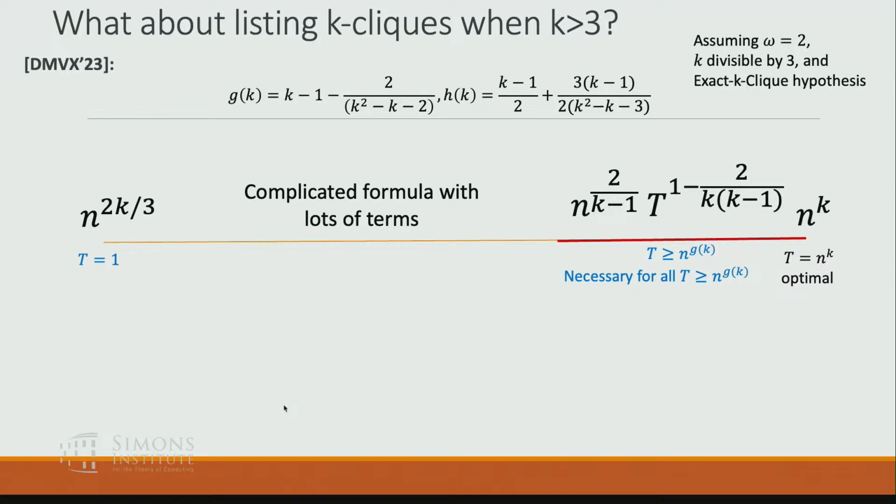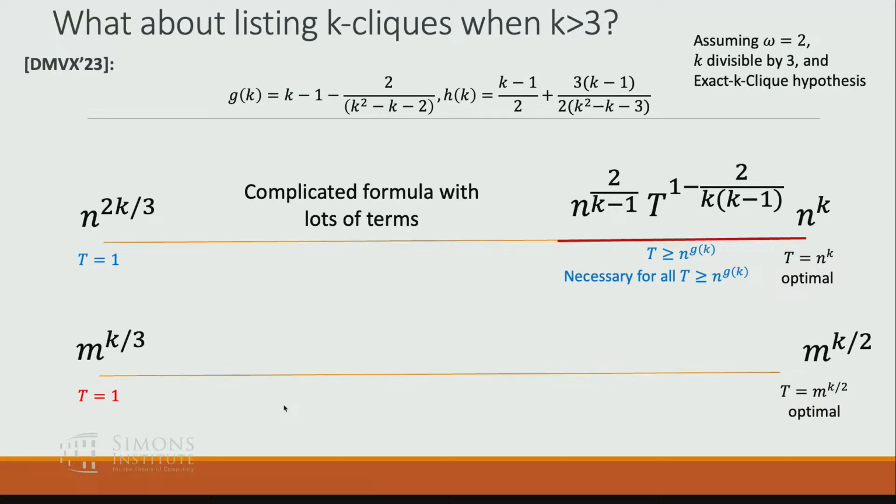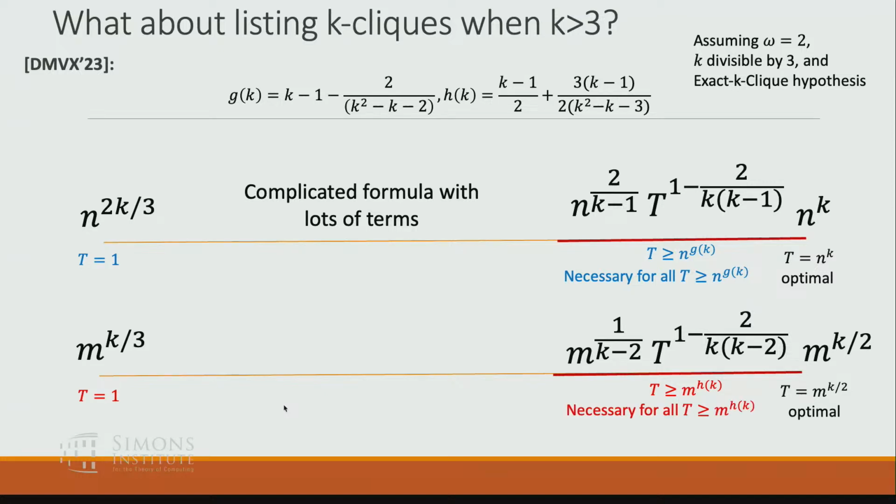We know something when t is large enough, but not when t is smaller than this threshold. And when the running time is in terms of m, the story is similar. When t is larger than some threshold, m to the power of h_k, we have matching upper and lower bounds. But when t is smaller, we don't know the actual answer.